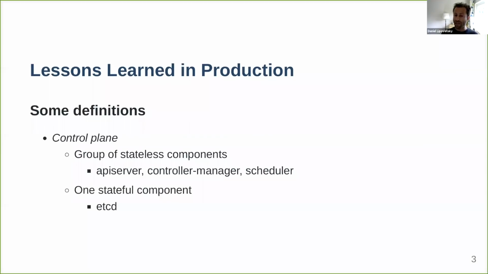And then the controller manager where the different controllers are running, for example, for your replica sets or your deployments, or even for nodes. And then, of course, the scheduler, which is responsible for assigning nodes to pods. And finally, there is one stateful component, and that is etcd. That's a distributed database, and it holds all of the state of the Kubernetes cluster, everything that's stored in the Kubernetes API.